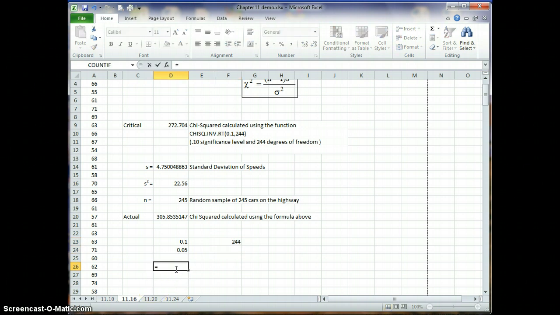Equals chi-square, which returns the inverse of the left-tailed probability of chi-square. So I'm going to put the probability in here of D24 and then degrees of freedom of 244. Hit enter. And that's going to give it to me on the low side.